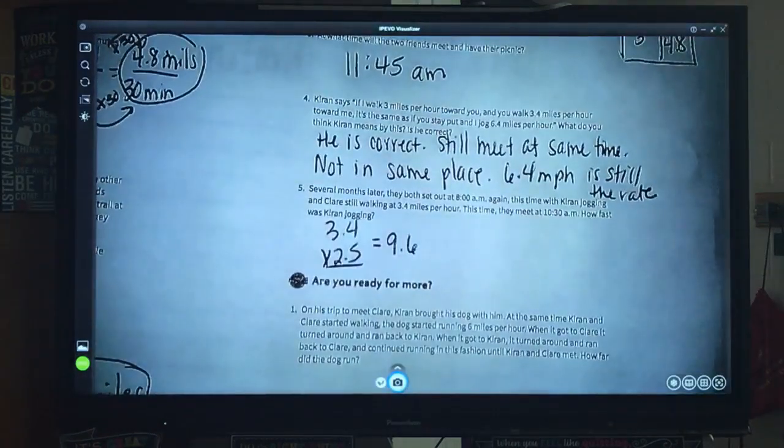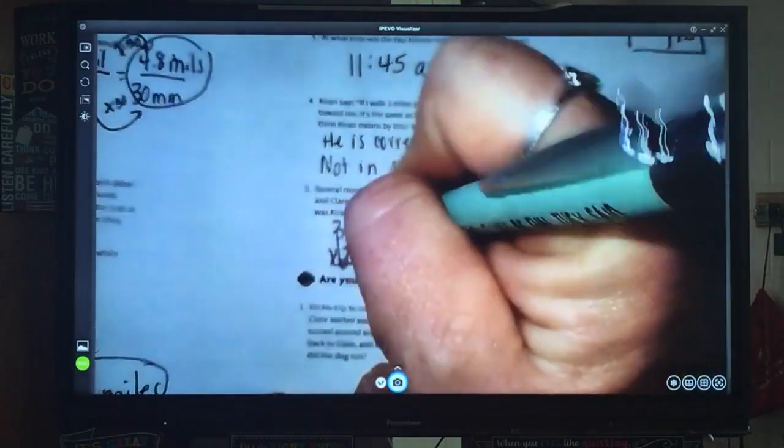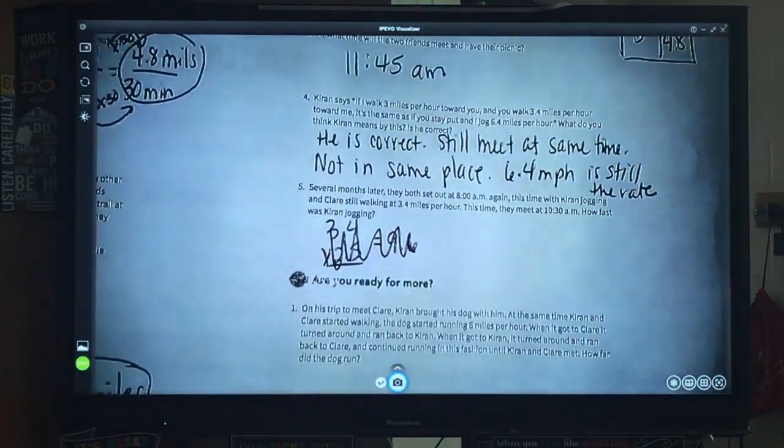So we found out that it's 2.5 hours, and we multiply her speed by the 2.5 hours because she makes 3.4 miles every hour. Yes. Alright, so that's one way.